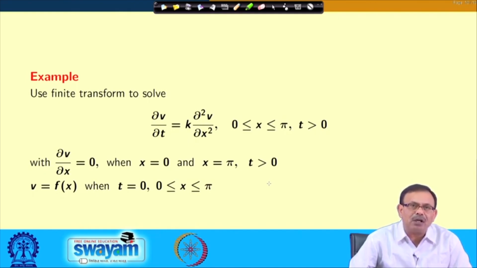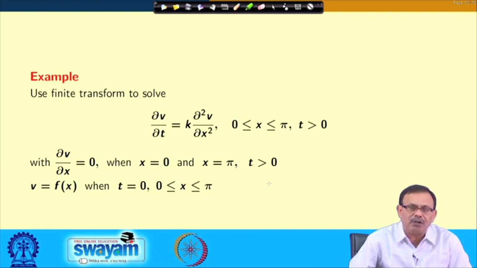The condition is given at x equals 0 and at x equals pi: the first derivative of v, that is del v del x, equals 0. Since I need the value of del v del x at x equals 0 and at x equals L, that is pi here, I will use the finite cosine Fourier transform with respect to x to solve this PDE.